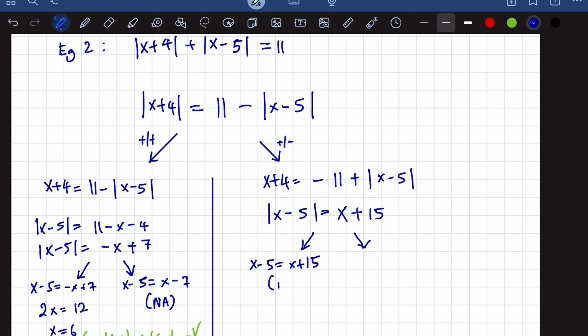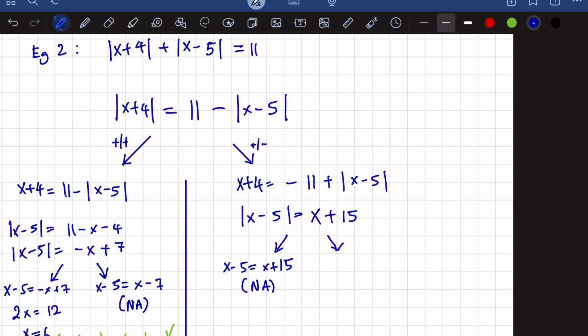We know we can't solve this part because x and x will cancel out and there's no solution. Now the plus minus version, so x - 5 = -x - 15. So 2x = -10. So x = -5.